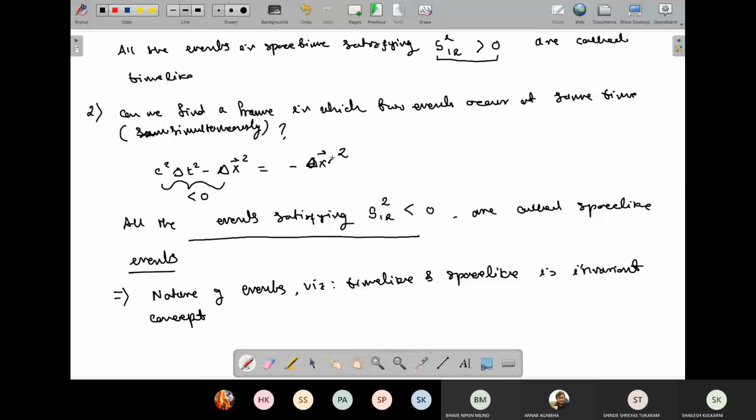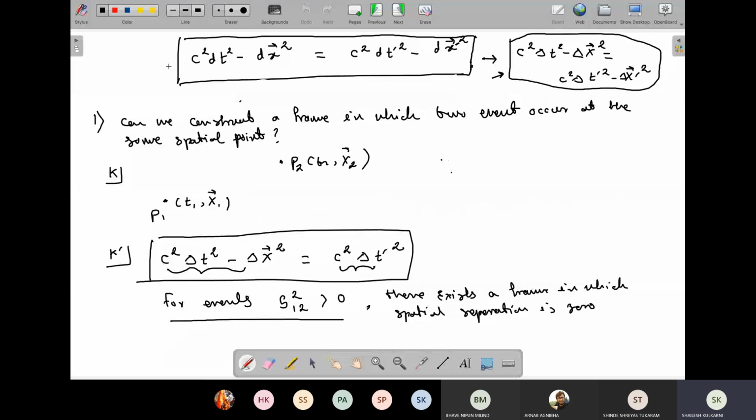Is that clear? The way we defined space-like and time-like intervals is through this invariant distance, or invariant interval. We use that crucially here.